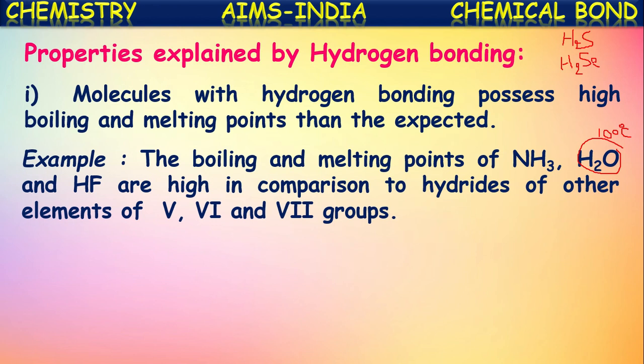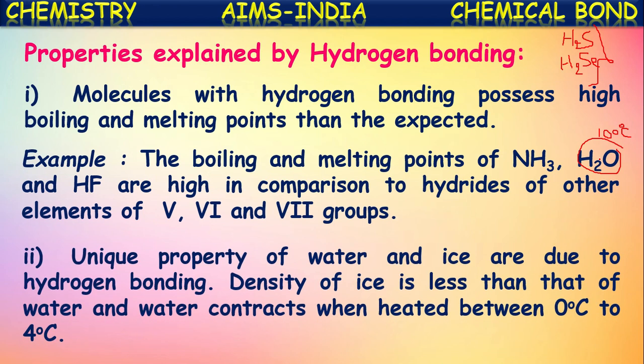Whereas for hydrogen sulfide and hydrogen selenide, which are hydrides of the same group along with oxygen, these are very low when compared to that of water. This is because of the hydrogen bonding between the molecules of water. Because of hydrogen bonding, the boiling point and melting point of the molecules will be higher than expected.